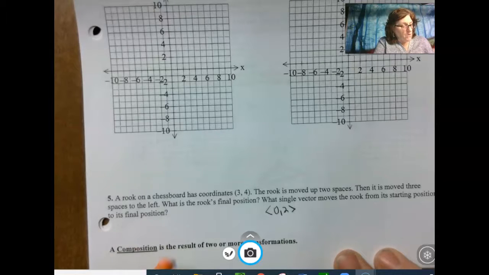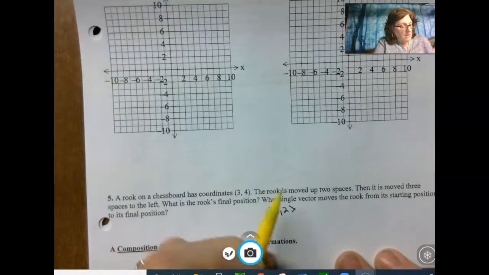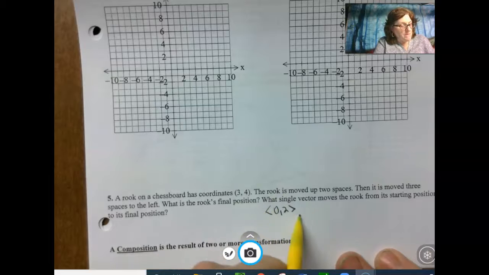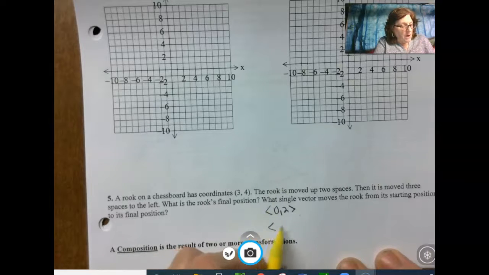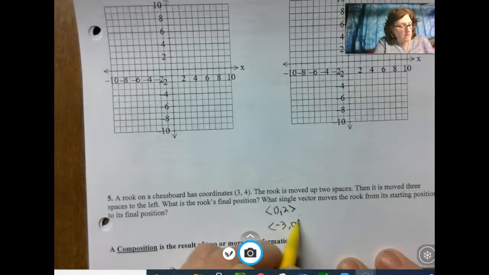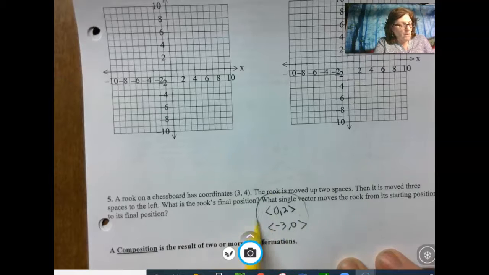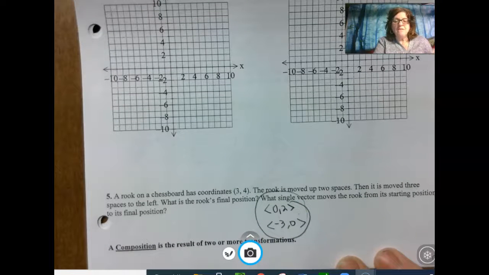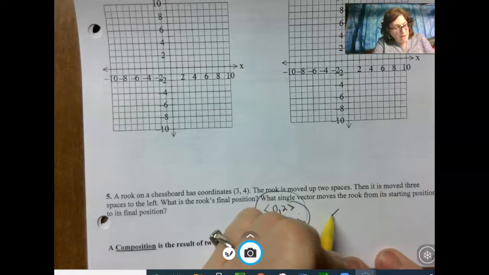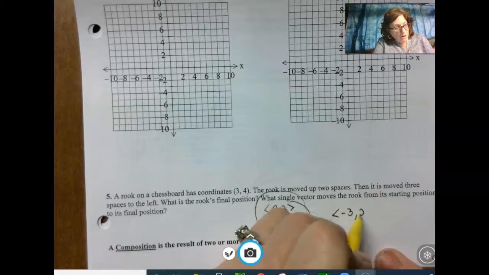Okay? So I would say that from my position, I'm going to go <-3, 0>. So if I wanted to combine both of those, I could make a single vector. So the single vector would be <-3, 2>.